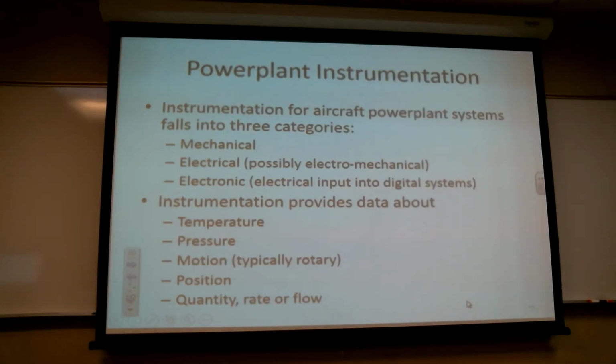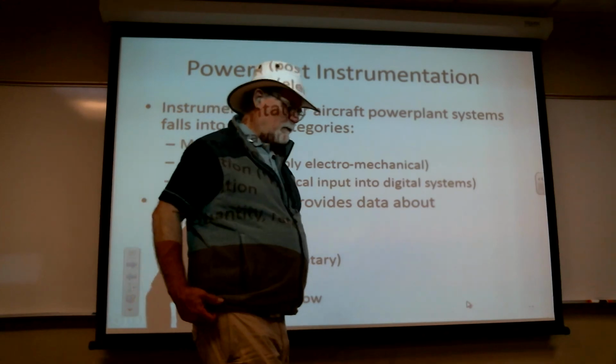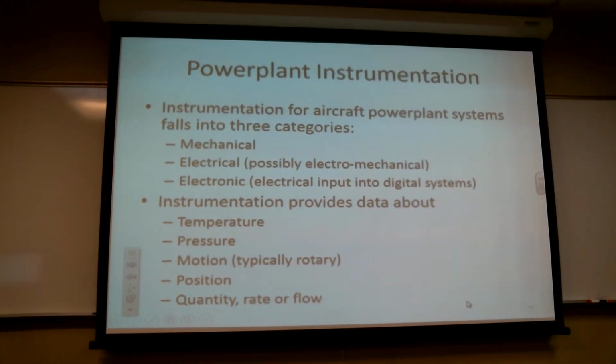So we kind of have three basic categories of instrumentation systems that we use for establishing, measuring, assessing what's happening with the aircraft power plant. The first one, which is not necessarily older, but typically is the older type of technology, is mechanical technology, either hydromechanical or fluid mechanical or physical mechanical.